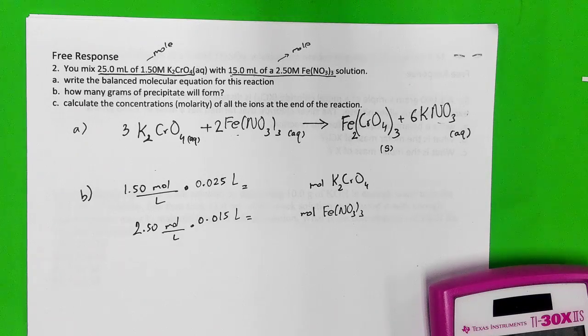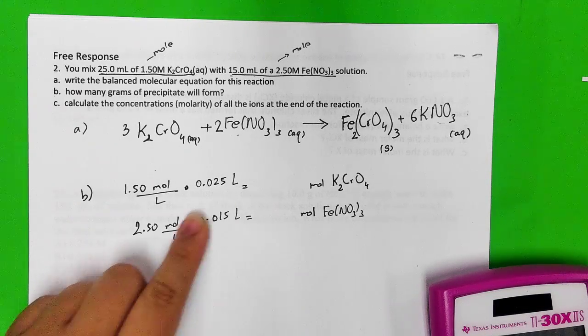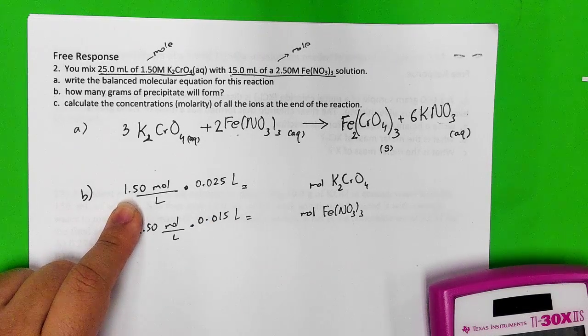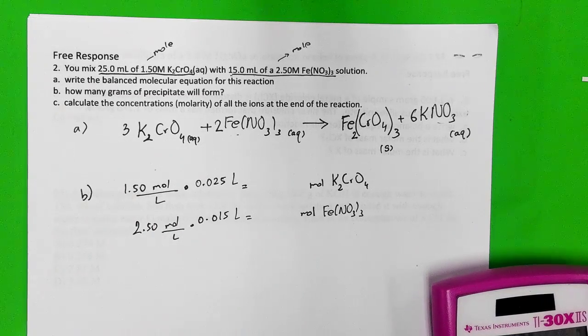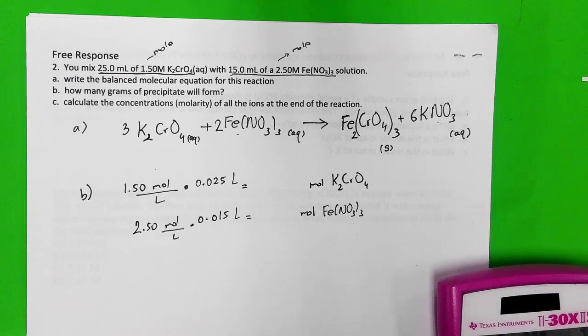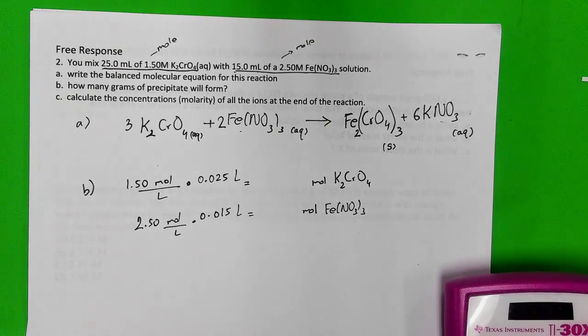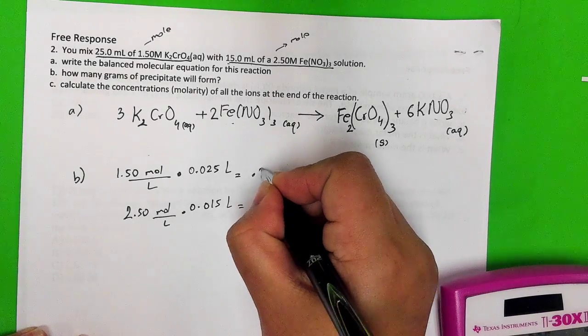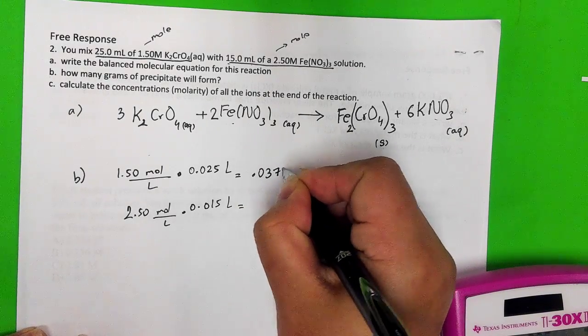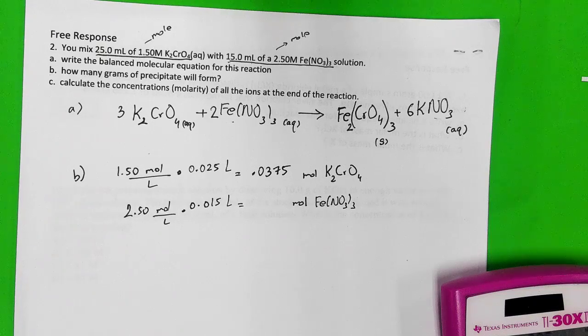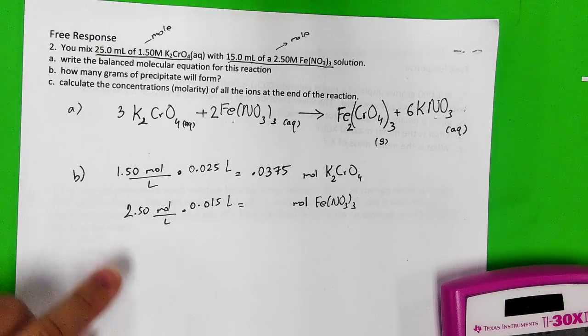Actually, technically, you can do it without calculating because it's 25 times 15, but you've got a calculator, you can try it. 1.5 times 0.025, we're going to get 0.0375. And the next one, I don't know if you notice, is the same number.